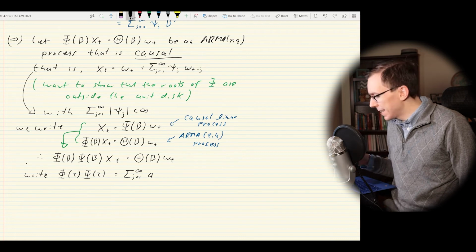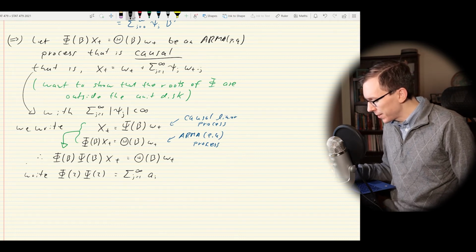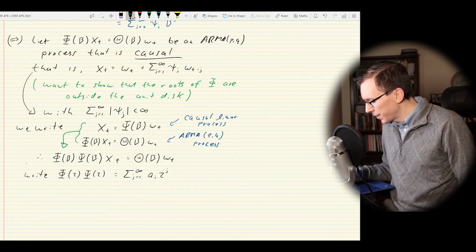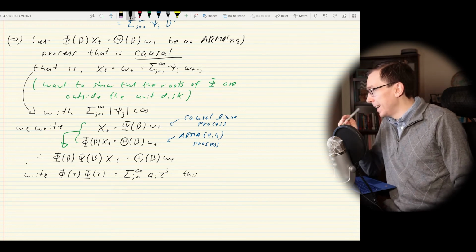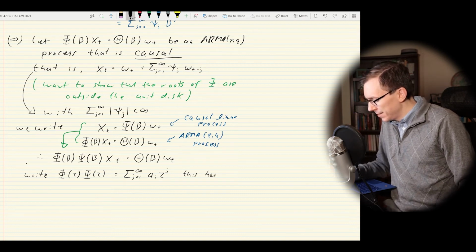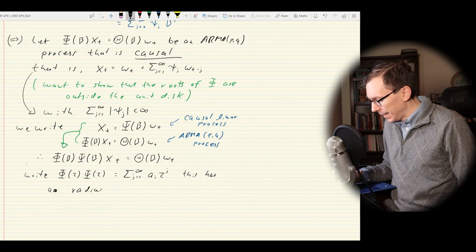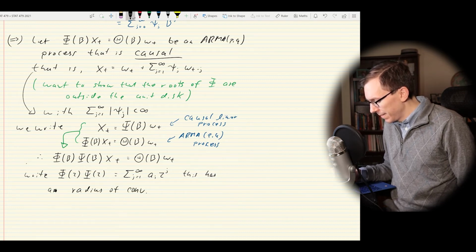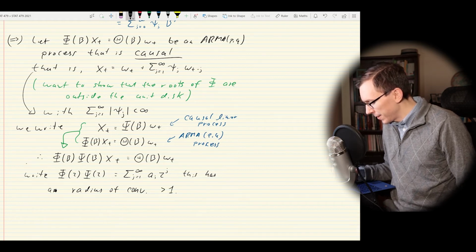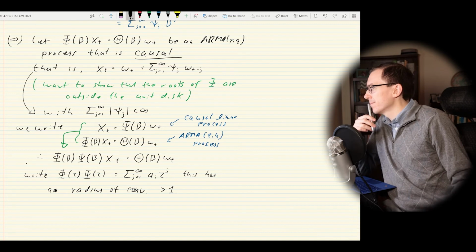I did mess up that index, I need to fix that in the notes as well. Then this has a radius of convergence that is greater than 1.